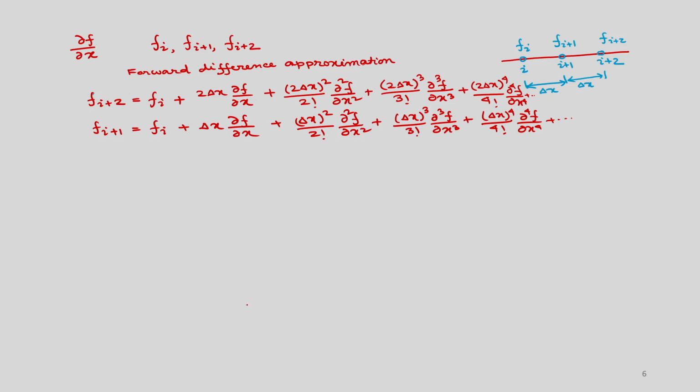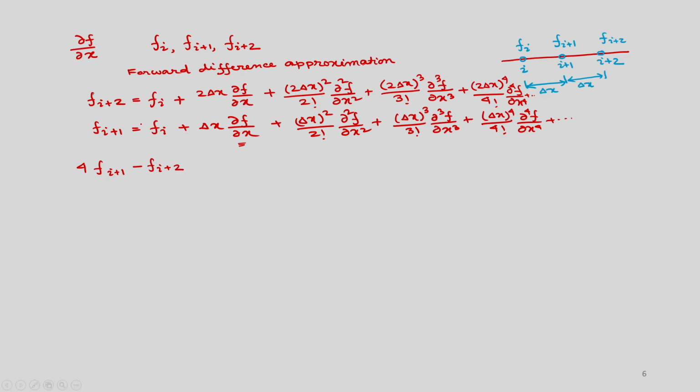Now, what we will do? We need to find the value of del f by del x. So, we will just write 4 f I plus 1 minus f I plus 2. We will do this algebra.